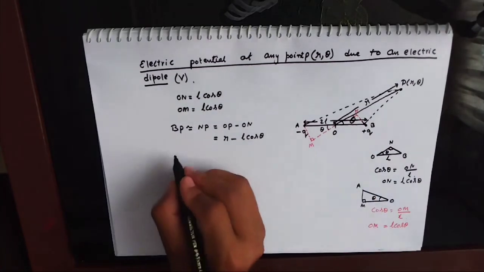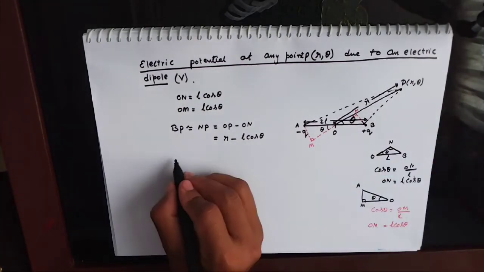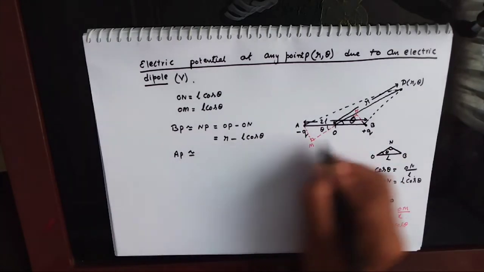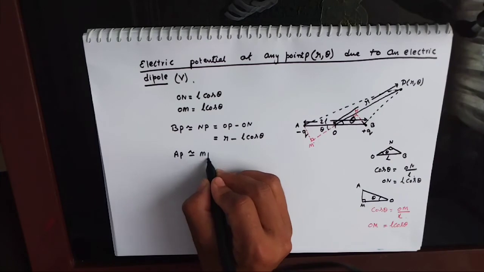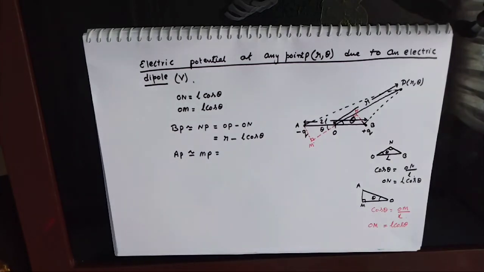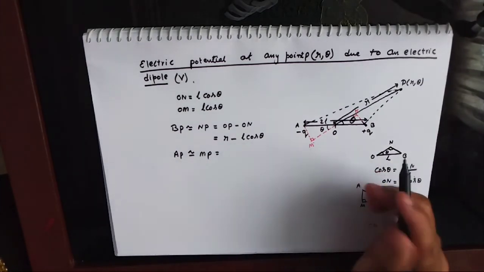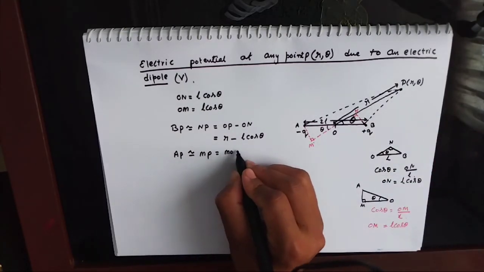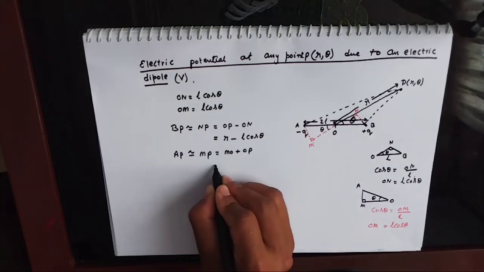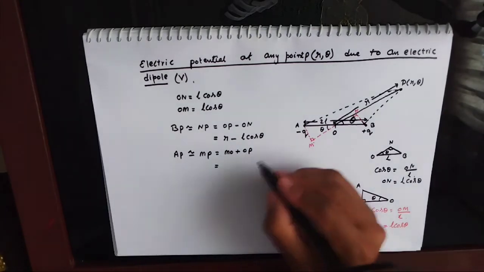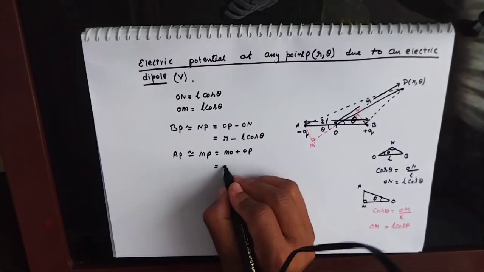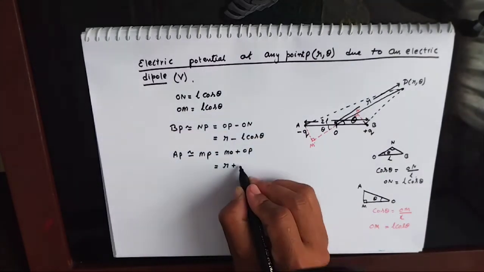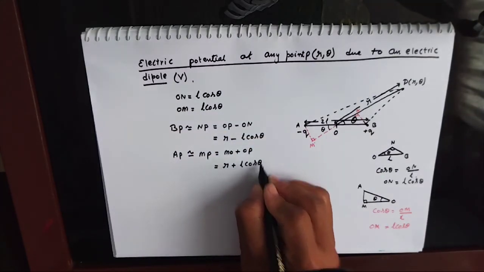Similarly, for this MP, AP is approximately equal to MP. Instead of MP, I can write MO plus OP. Here OP is nothing but R, and MO or OM is L cos theta.